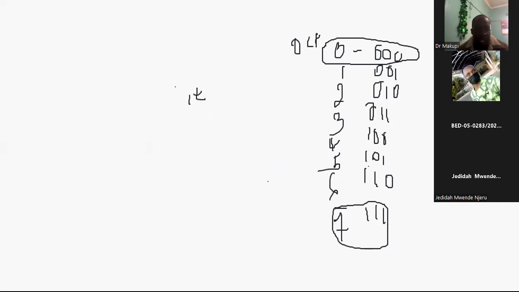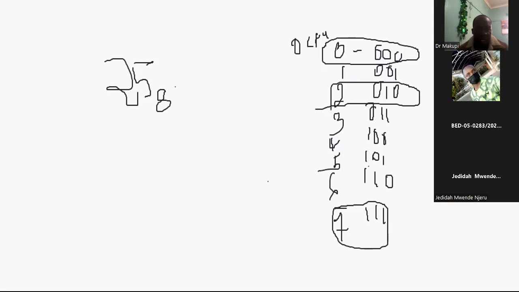Now, you're given a number such as 2, 5, base 8. Remember, this is the table of octal numbers. So I can use 2, 5, base 8. I want to change this one to binary. What is 2? 2 in binary is 0, 1, 0.